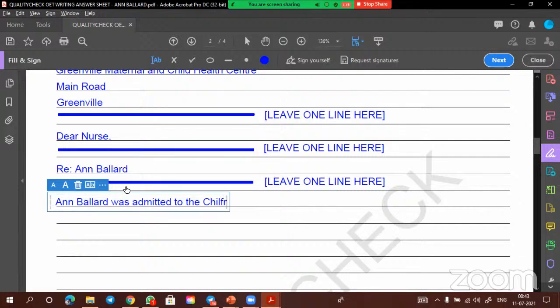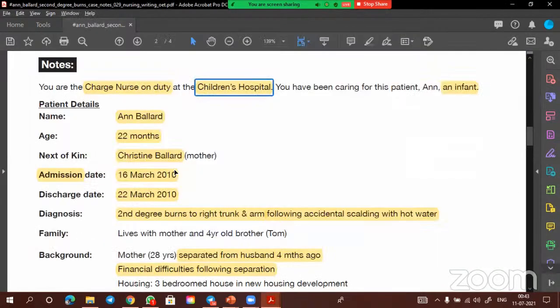See capital letter, because this is the name of the hospital, Children's Hospital, on 16 March 2010. Be careful, check and cross check every time. Check and cross check everything.